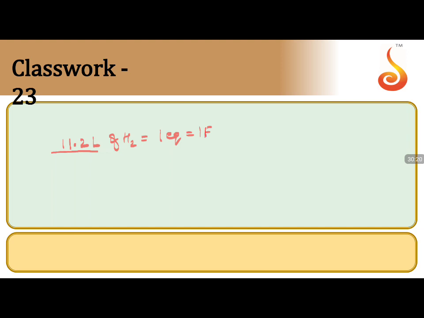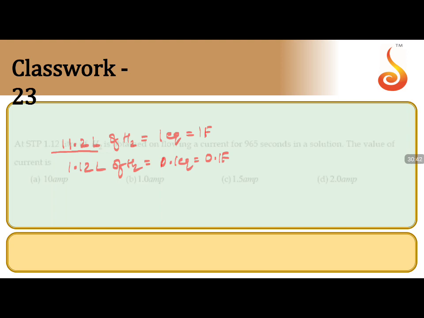So 1.12 liters of hydrogen will be 0.1 equivalent, which is equal to 0.1 Faraday.